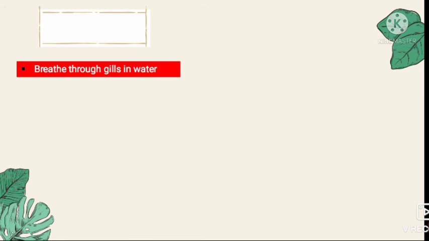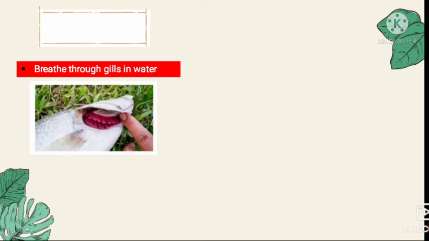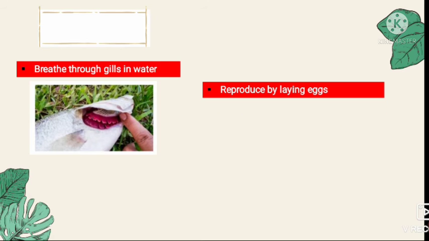What else about fish? Fish actually breathe through gills in the water. Look at this. If you open the gill cover, you may find something red that looks like a fan, but it's actually a gill. It helps the fish to breathe in the water.